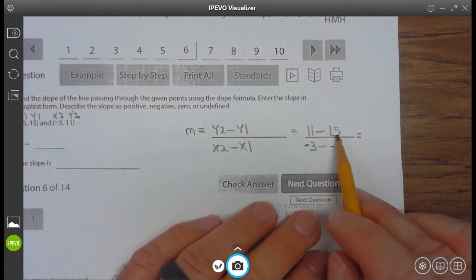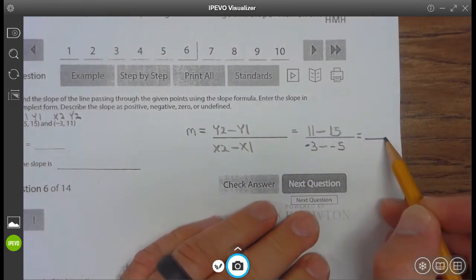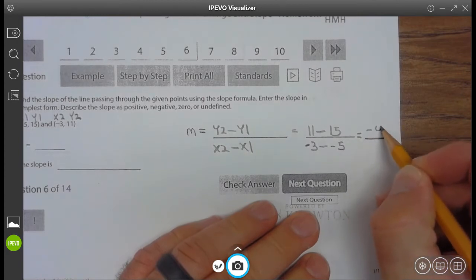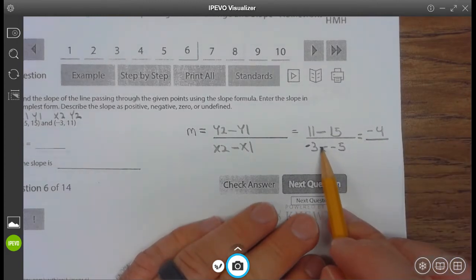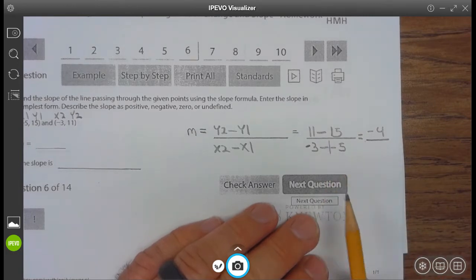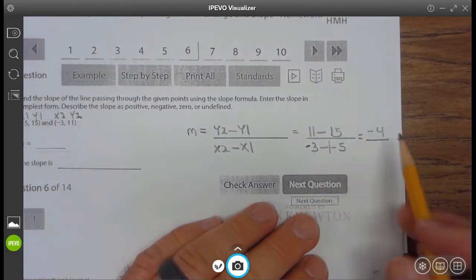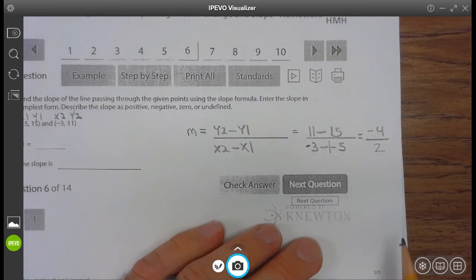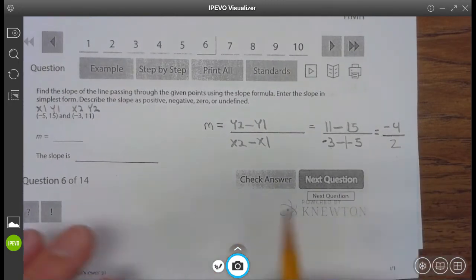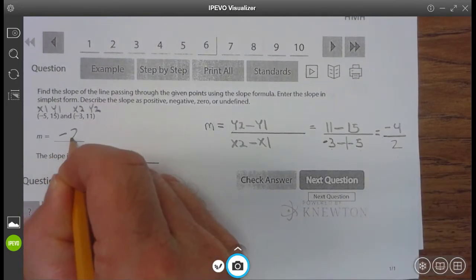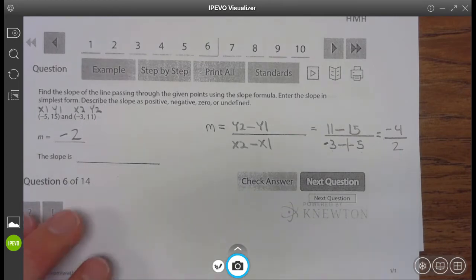Okay, well, 11 minus 15 is negative 4. Now, when you subtract a negative, that becomes positive. Negative 3 plus 5 is 2. Negative 4 divided by 2 reduces to be negative 2. So your slope is negative.